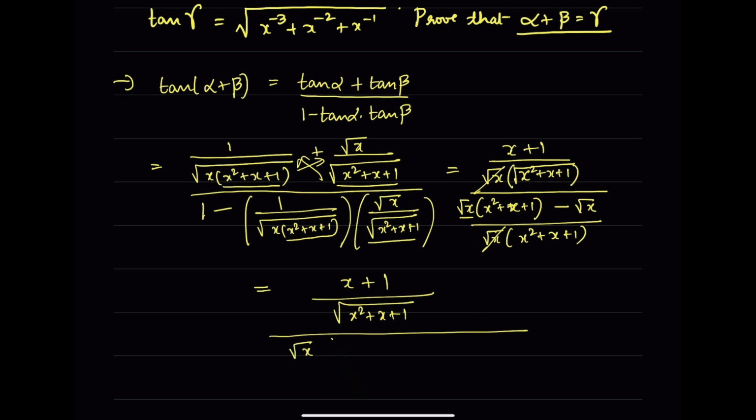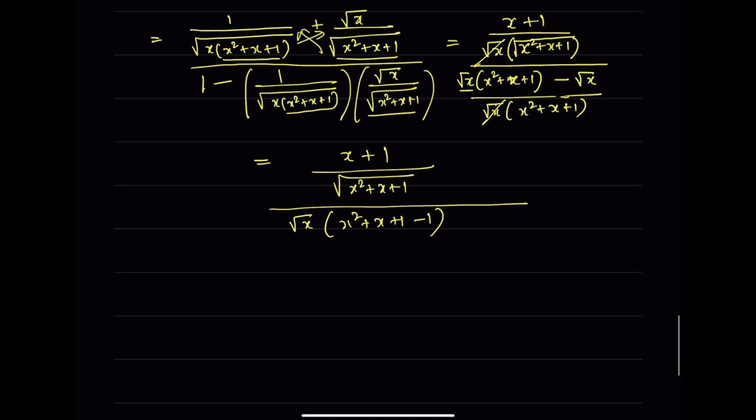This will be square root of x multiplied by x squared plus x plus 1 minus 1, because there is a negative square root here. Now this will further simplify to, okay, there is a denominator, I missed it, sorry, which is x squared plus x plus 1.